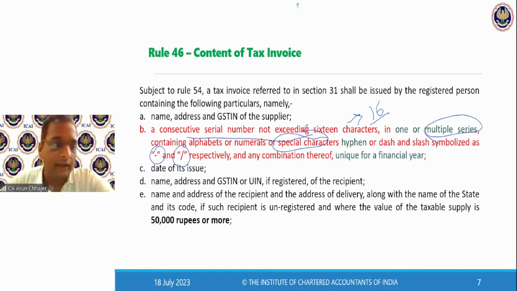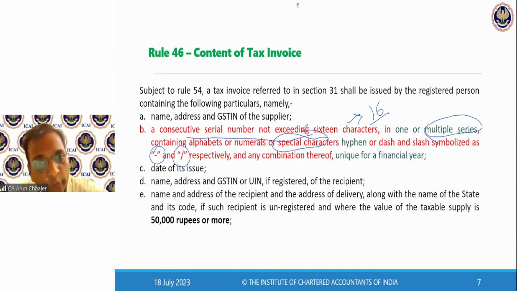For example, let's say I am doing consultancy, for which I will use one series. Let's say I'm providing teaching, so I will use a different series. I'm also doing training for corporates; for that, I can have a different series.